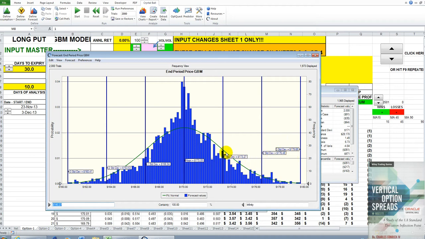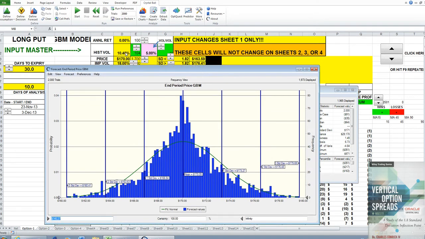This green line that you can see right here is an imposition of an actual normal distribution. So you can see the normal distribution and then the typical leptokurtic curve, which is going to occur when you mix up a log normal distribution with some volatility on the expected mean, in other words, the expected mean actual volatility.